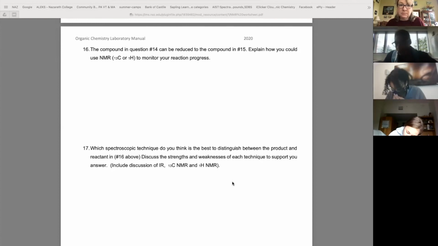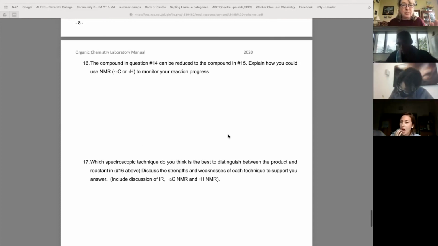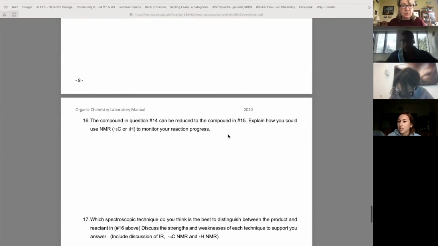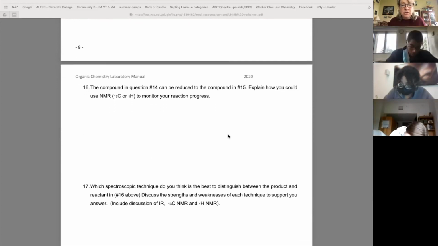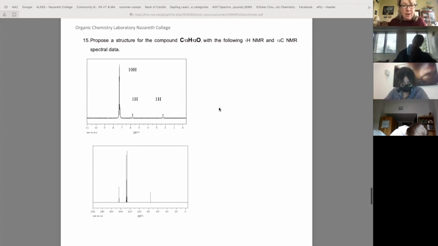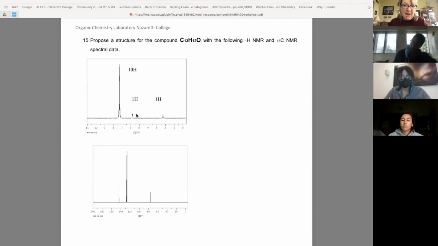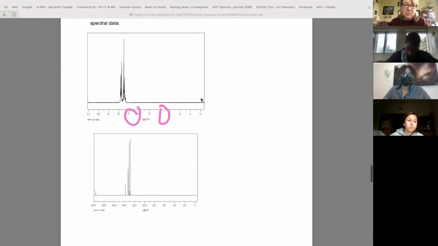What's the thought process behind 16? So question number 14 and question number 15. Compound number 14 can be reacted to become number 15. So we can take the carbonyl and make it the alcohol. How are we going to use NMR to determine that we're getting product? I would argue that as you start seeing this peak and this peak appear, you know that you're getting product because this one doesn't have them.